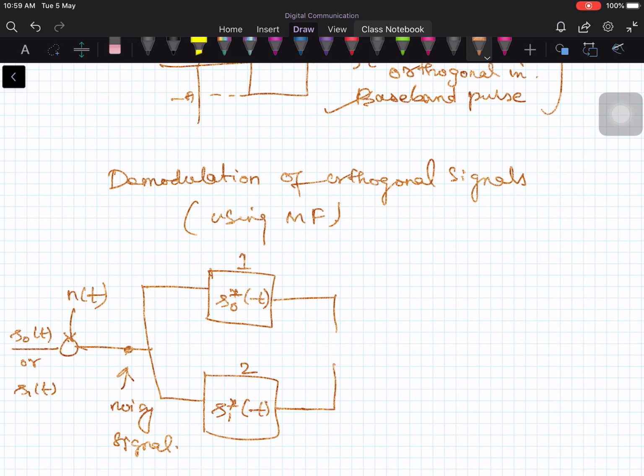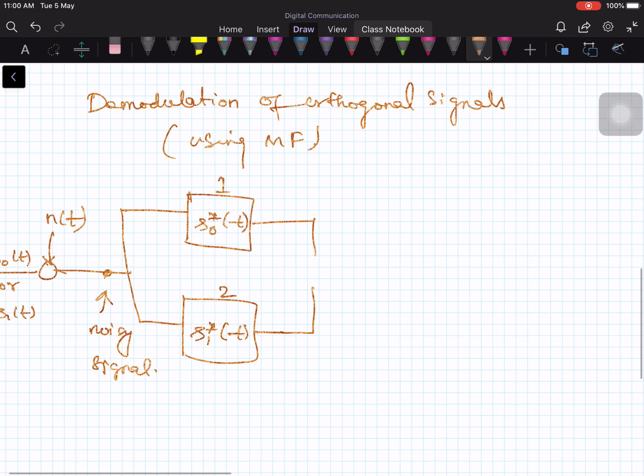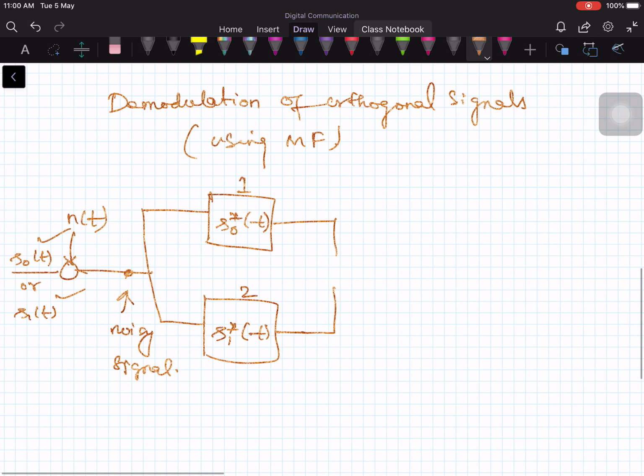Here the received signal is processed by two matched filters simultaneously. Whether you transmit s0 of t or s1 of t, both are received by the two matched filters simultaneously, and obviously one of them is matched depending on which one was transmitted. Suppose you transmit s0 of t, then this matched filter is matched. If you transmit s1 of t, then this matched filter is matched to its input.